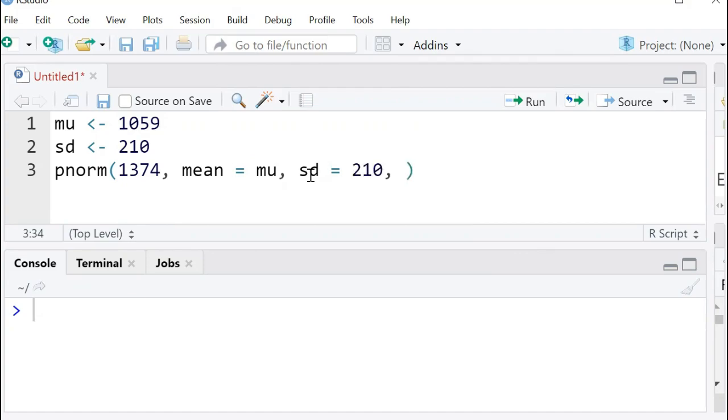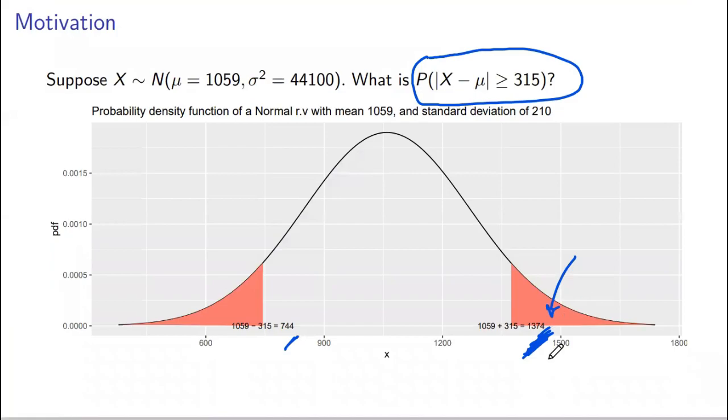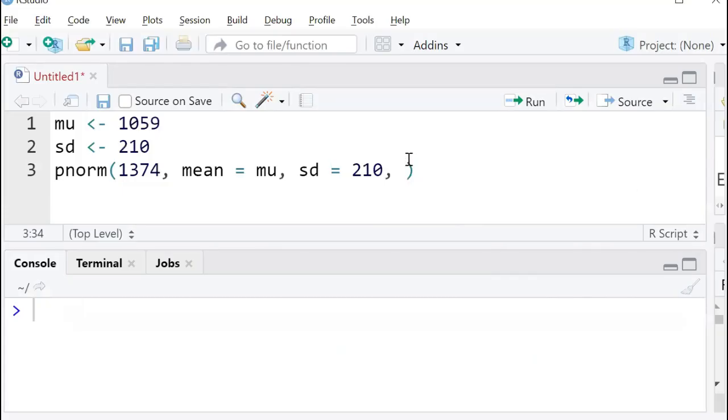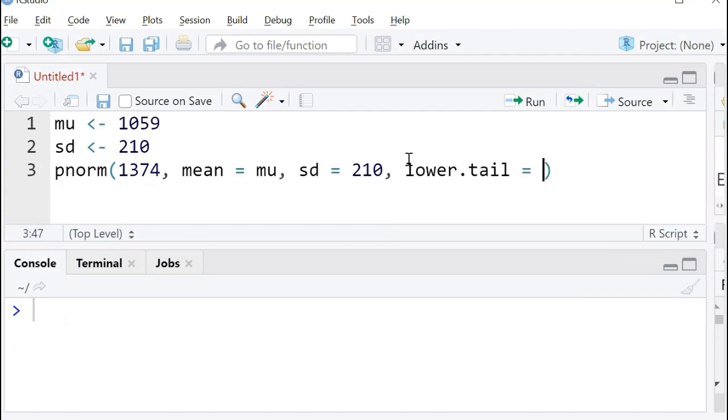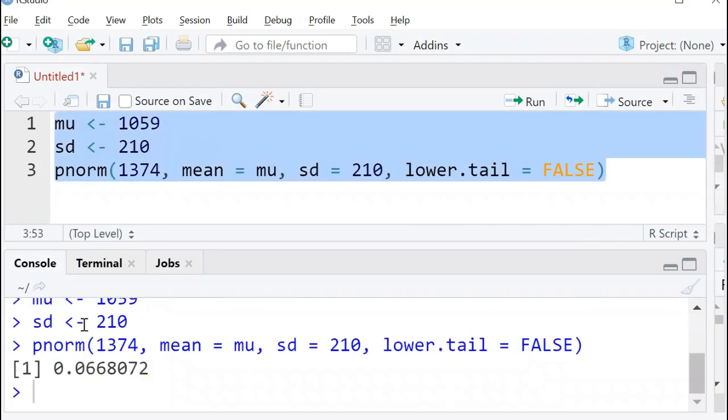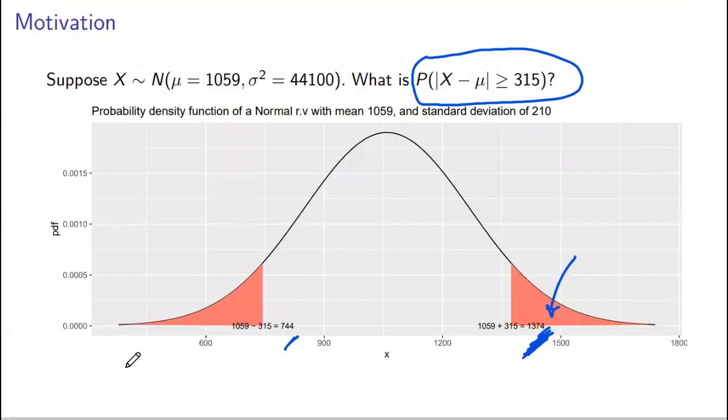And we want the right tail probability, so we will use lower.tail equals FALSE. And we get that this probability is 0.06680.